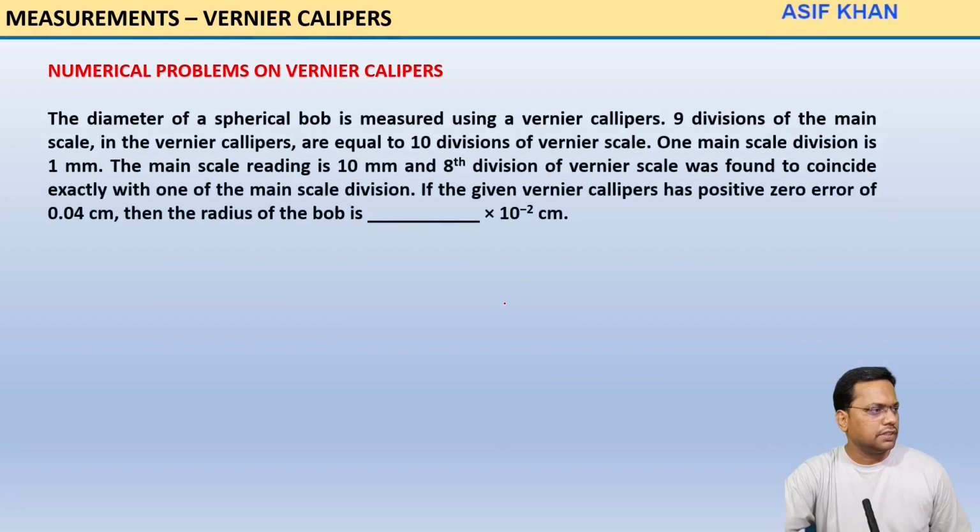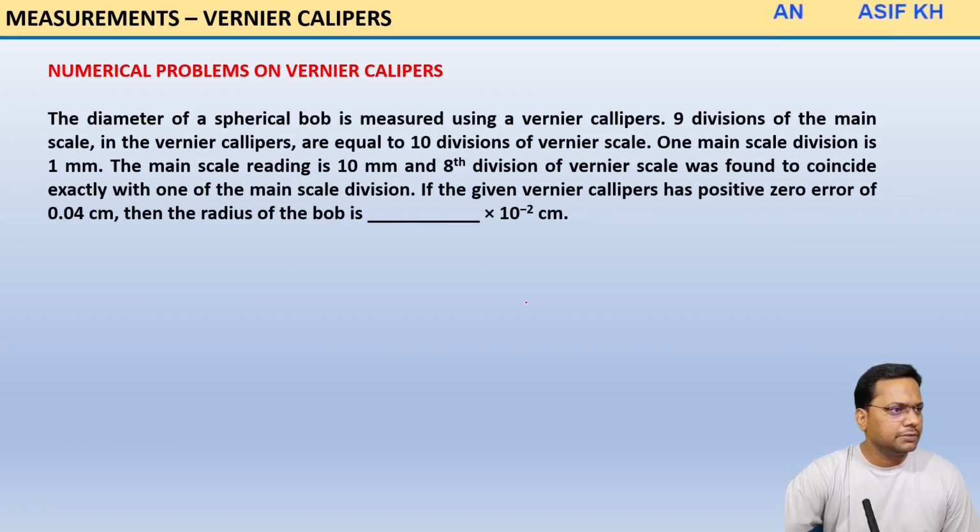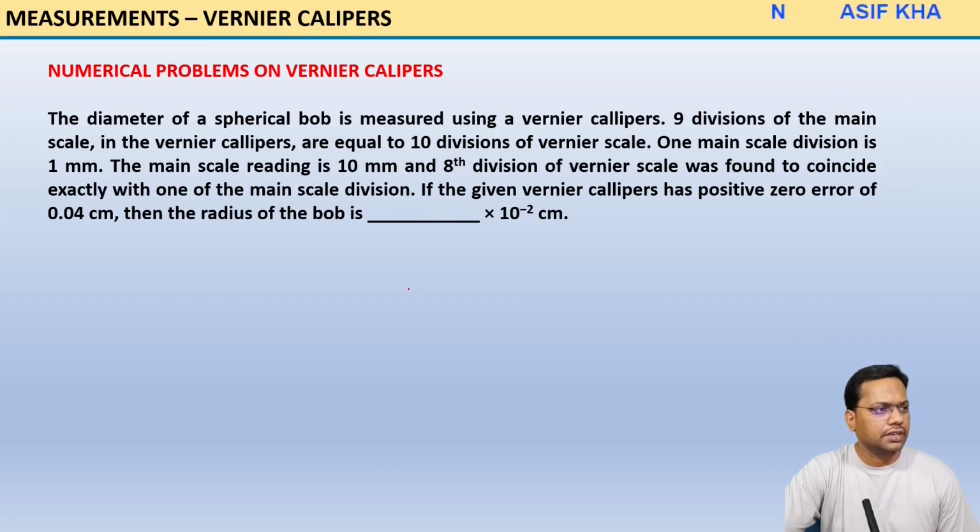The next question is, the diameter of a spherical bob is measured using a Vernier calipers. 9 divisions of the main scale in the Vernier calipers are equal to 10 divisions of the vernier scale. One main scale division is 1 mm. So here two pieces of information are given.